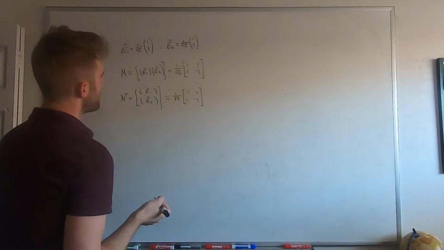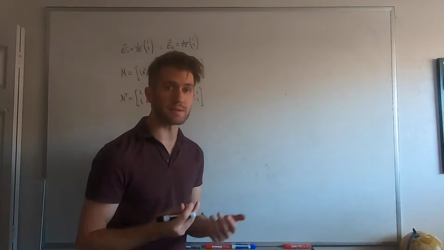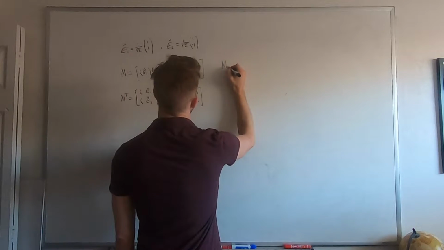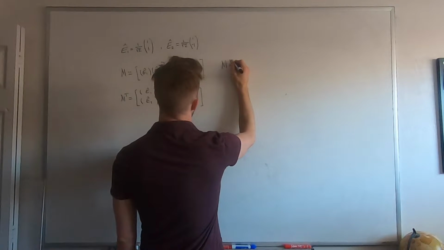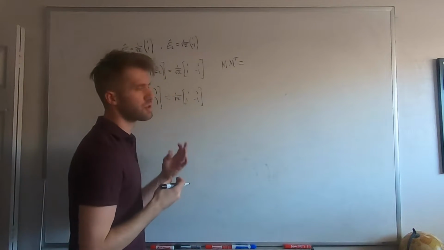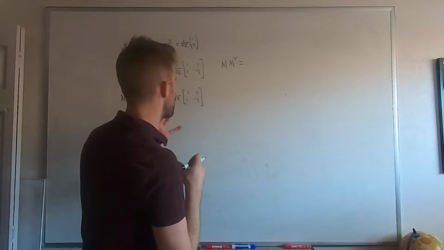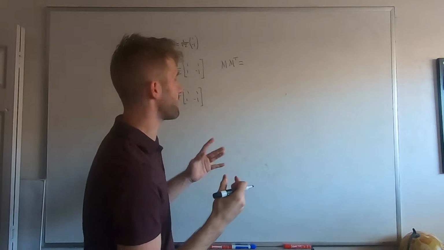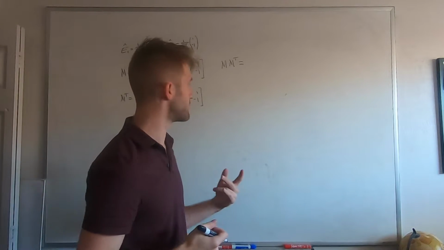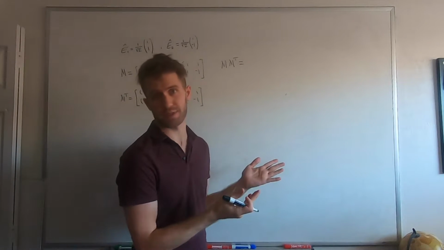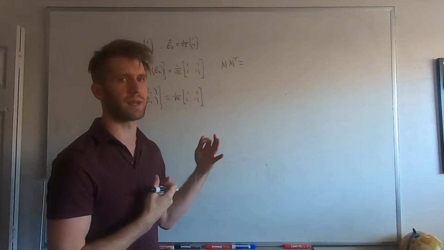Now what we want to do is multiply these two together, so let's do M times M transpose. To ensure orthogonality, what we have to achieve by multiplying these two together is the identity matrix.